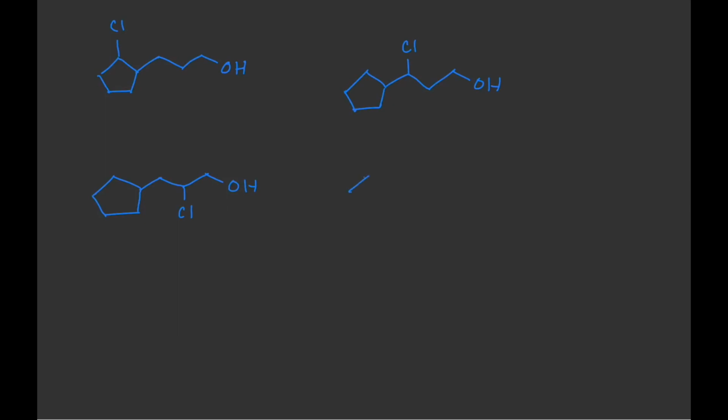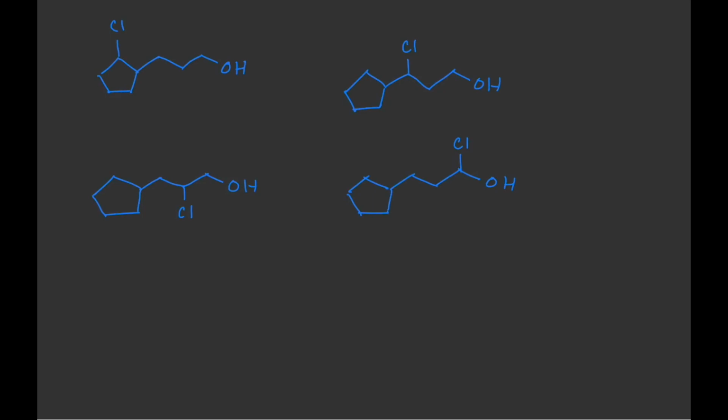And one more. So as we can see, between the 4 molecules I have drawn, our chlorine is just getting closer and closer to that alcohol group at the end of our carbon tail.